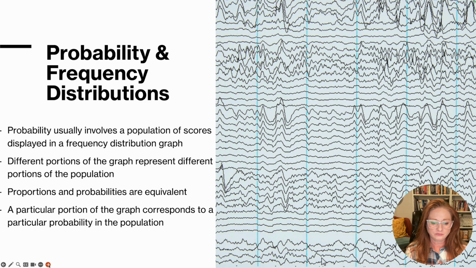Think of items that we know a lot about: IQ scores, blood pressure, pass-fail rates of English 101 classes. Thousands and thousands of scores. Different portions on the graph represent different portions of the population.